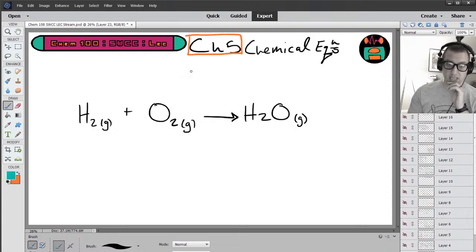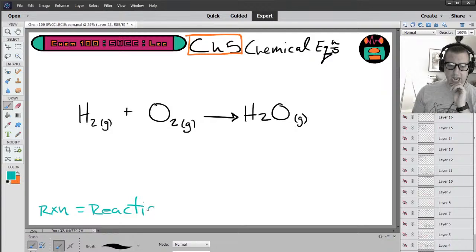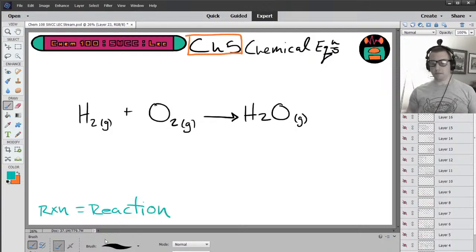This is called the reaction arrow. By the way, I don't know if you've seen me write RXN. This is a shorthand for reaction, and I'm going to use that from here on out. So this is a reaction arrow.